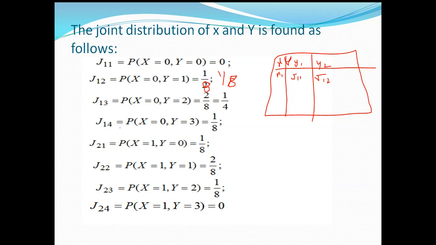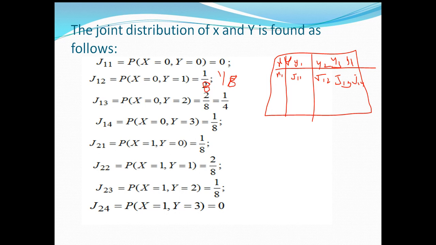Similarly we can go for the next value, j14. Here j13 we have done, that is y3, and for y4 we find out j14. So the y value till we have taken is y4.